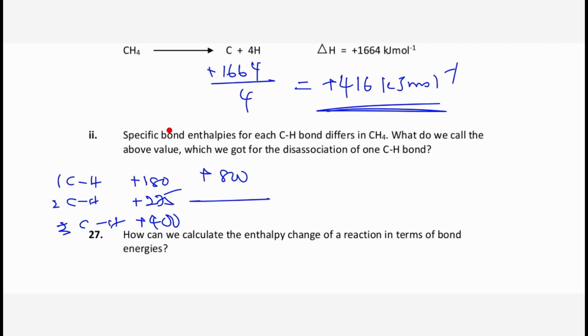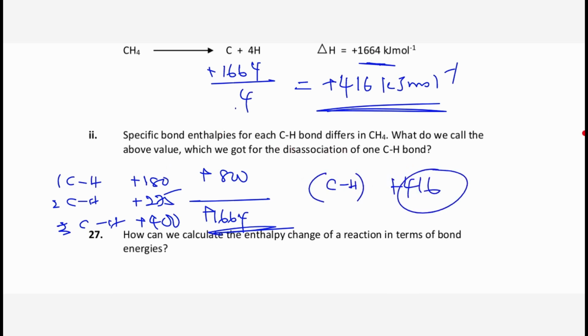So if you add all these 4 bond energies separately, you'll get this total, which is 1664, right? So when I divide this by 4, I get the energy required to break 1 C-H bond, which is 416, but you cannot see 416 anywhere in this, right?